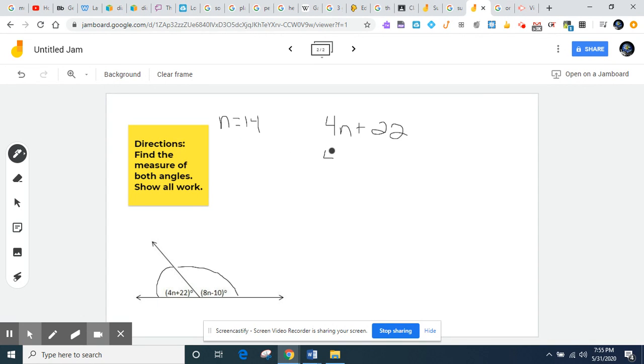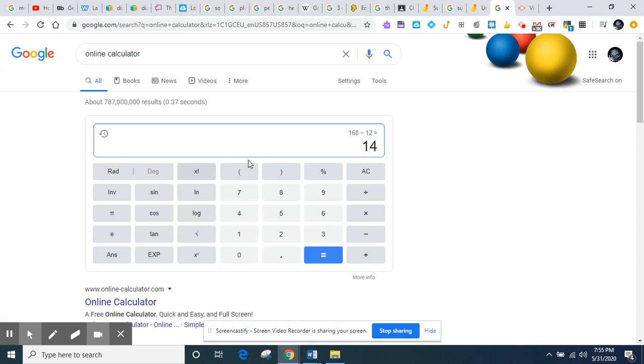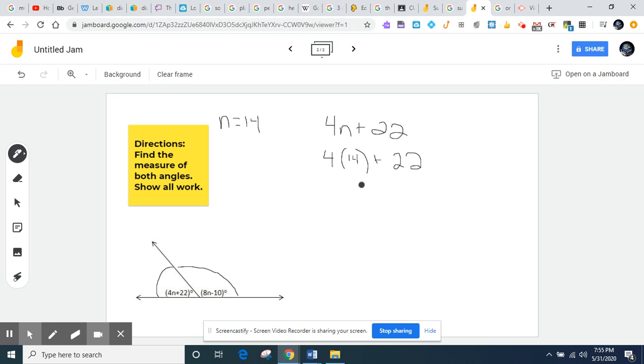So this is really going to be 4 times 14 plus 22. Remember, these parentheses stand for multiplication, okay? So if we do 4 times 14 plus 22, I'm just going to go to our calculator. We have our 14 in there, times 4 equals 56, and then we're going to add 22 to that, and we get 78. So this expression here would be equal to 78.